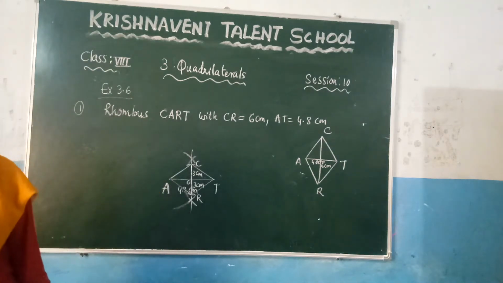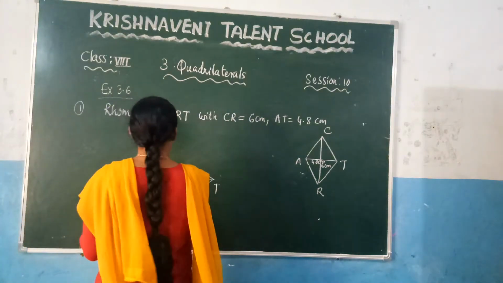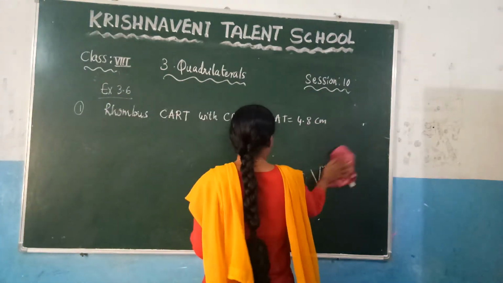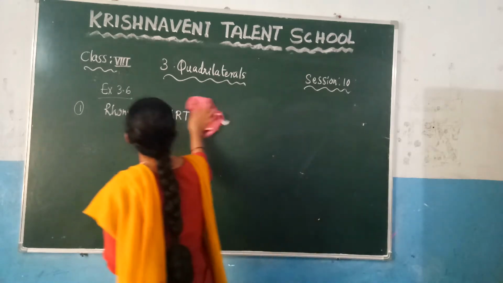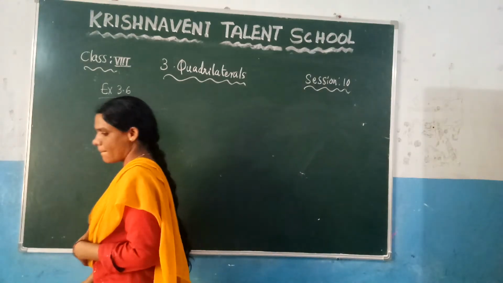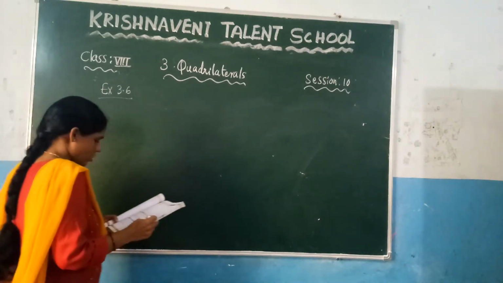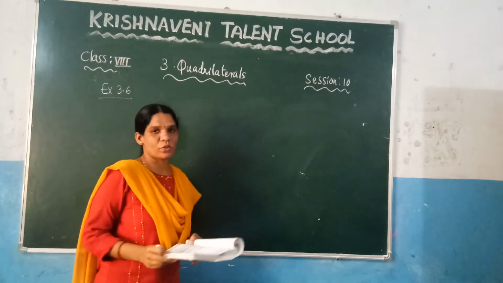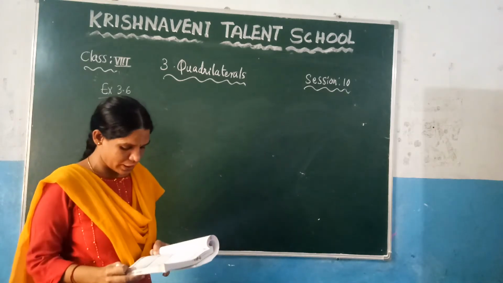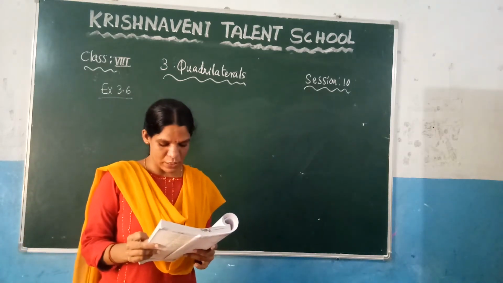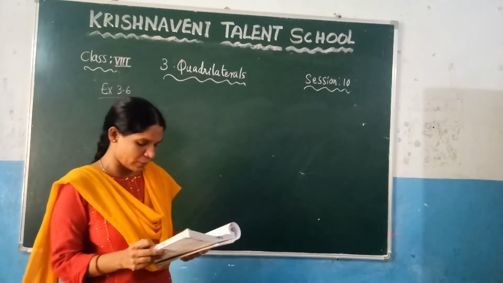Now see the next question. This second question is similar to that of the first question. That one you can do as homework. Just I will explain. They asked here to construct the rhombus and they have given the name of the rhombus.